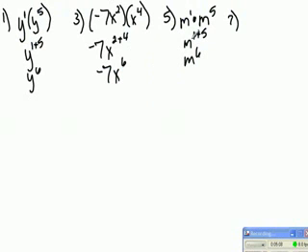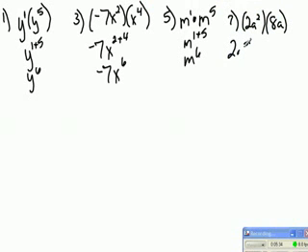Number 7, we have rs, oops, sorry, wrong problem. On number 7, we have 2a squared times 8a. Okay, once you get to where there are numbers and variables like this, you may want to rearrange it so it's easier for you to determine what to do.